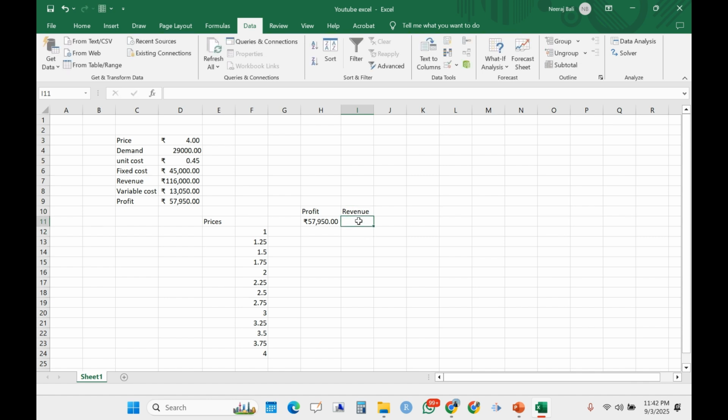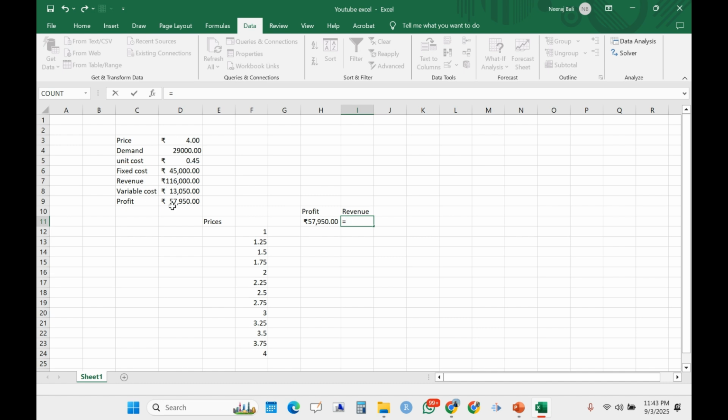Guys, make sure that it is not hard coded. It should be formula based. Revenue, I will select the revenue. I will not type the revenue figure. I have to link this particular model with my what-if analysis. This can be any model. I gave you the example of principal component analysis and interest rate and its impact on EMI.